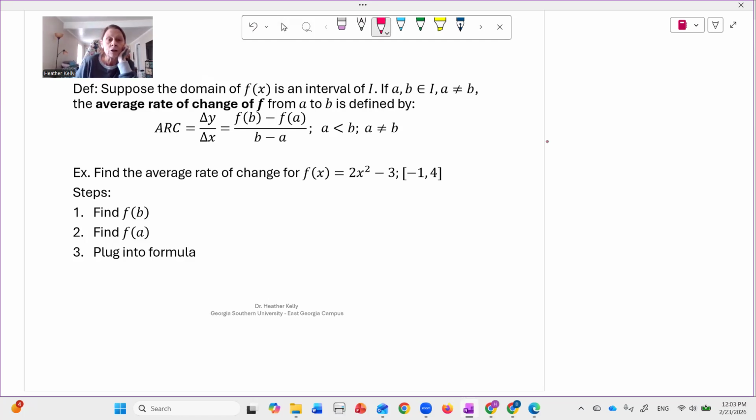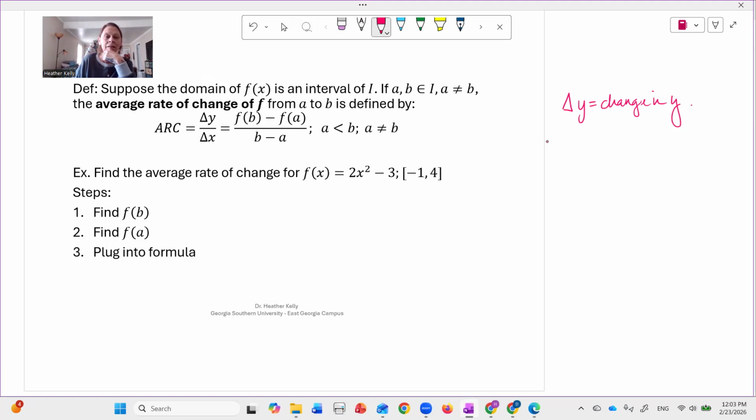Average rate of change is equal to the change in y. That's what that delta means. It's the change in y over the change in x. Okay. And this is how we'll define it. f of b minus f of a over b minus a.